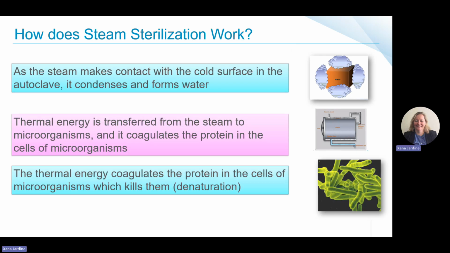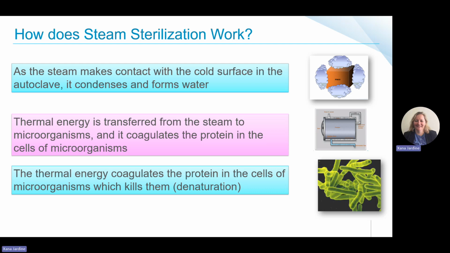Steam sterilization is, of course, steam that comes out through this autoclave. As the steam makes contact with the cold surfaces in the autoclave, it condenses and forms water. Thermal energy is transferred from the steam to the microorganisms, and this coagulates the protein in the cells of the microorganisms.